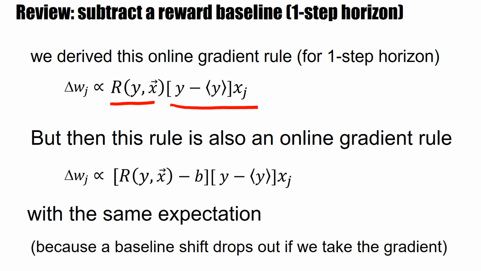And then we said if this is a solution, then this is also a solution. What's the difference? In this second case, we would subtract a baseline. And then both algorithms will have the same solution. In expectation, they will find the same set of parameters.